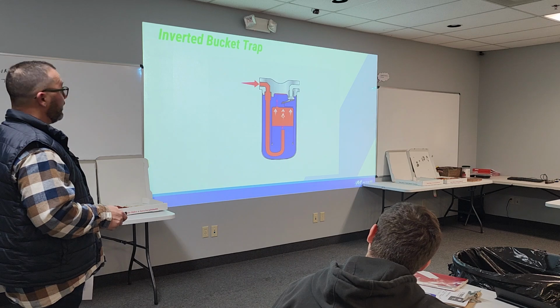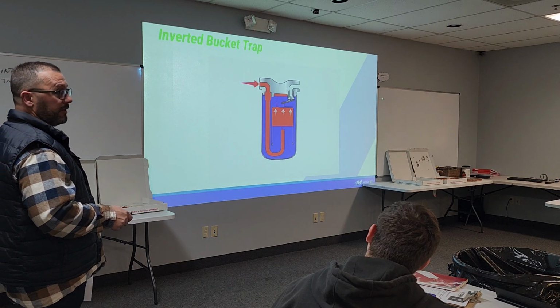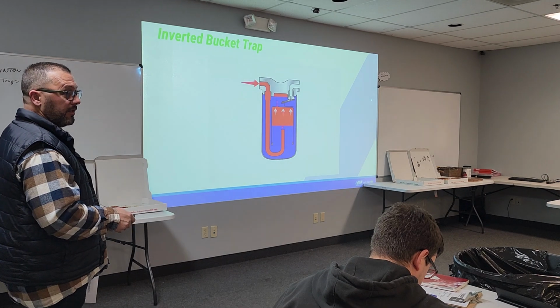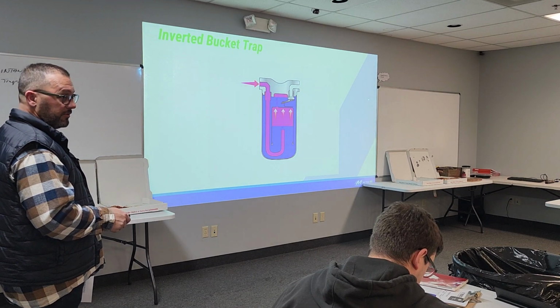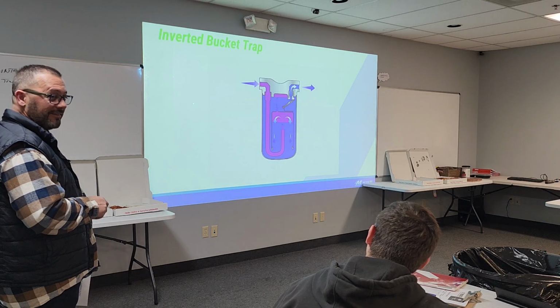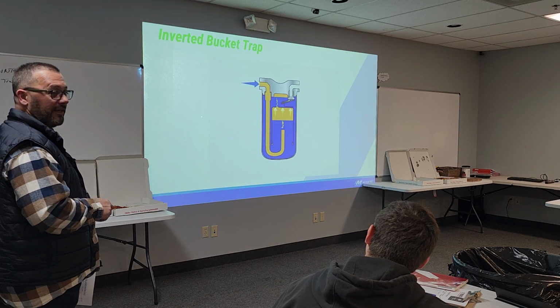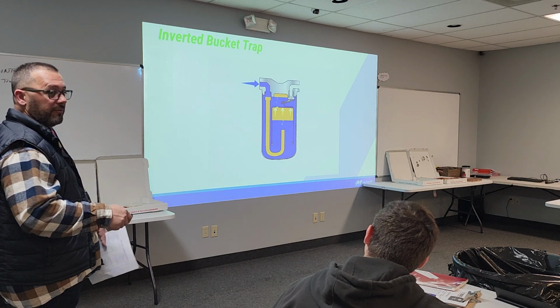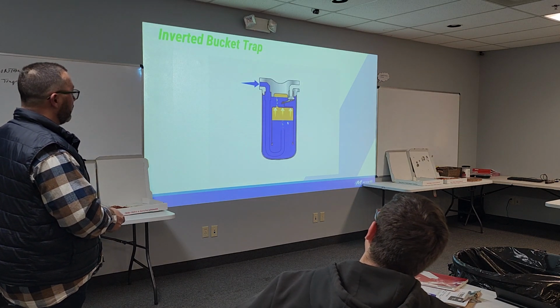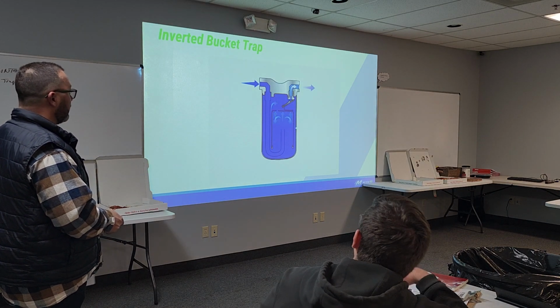Nothing is going to happen until you either A, go upstream and close a valve, or I like to go downstream and close a valve, and it will regain prime. As that fills up, it will eventually regain prime.